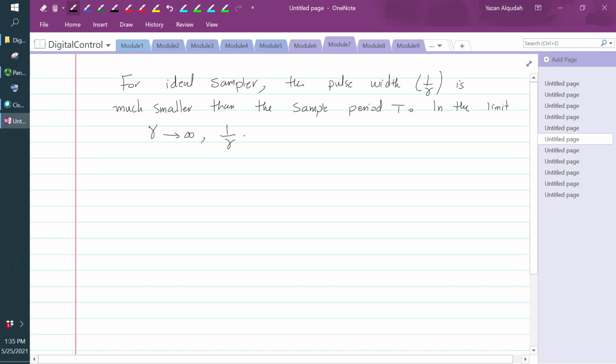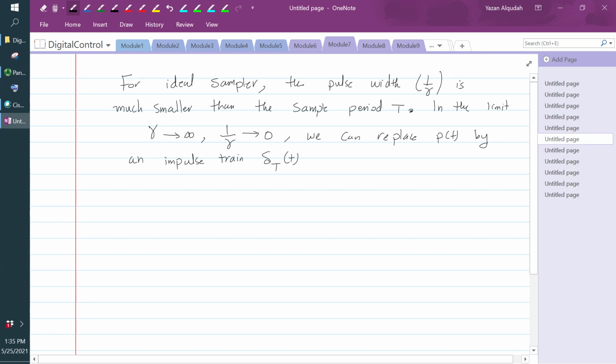We can replace P of t with an impulse train. And that impulse train, we refer to it as delta sub t.